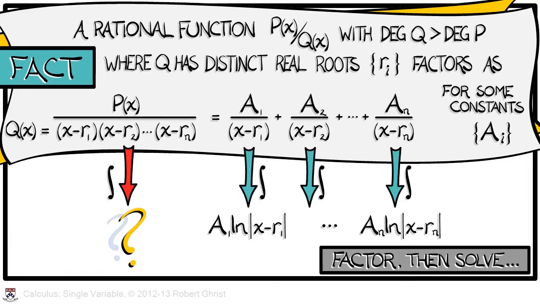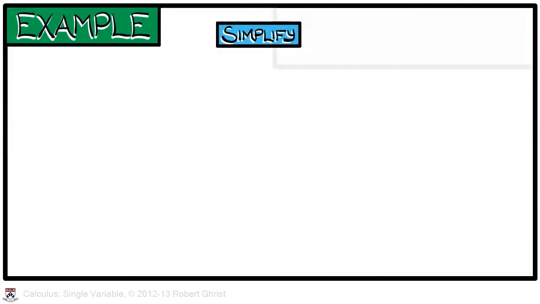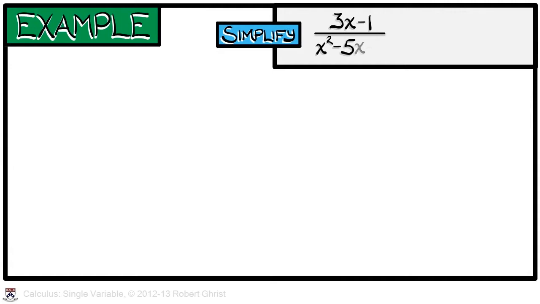Now, what do we do to come up with this decomposition? How do we determine these constants, a_i? This is sometimes called the method of partial fractions. Let's look at an example. Simplify (3x − 1)/(x² − 5x − 6).